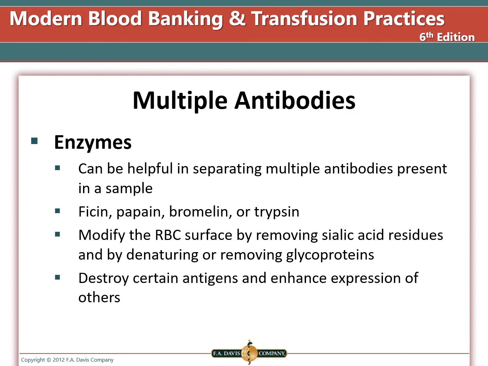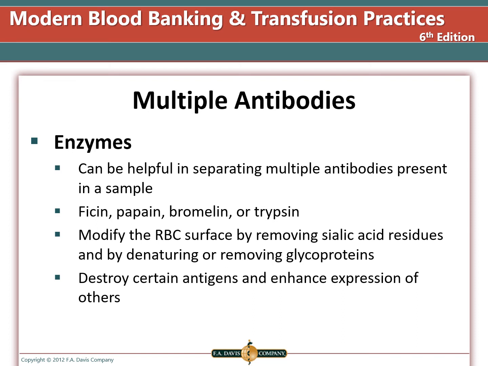When there are multiple antibodies and you don't have enough negative cells to do rule outs on them, you can use an enzyme treated panel because some antibodies will react with these while others will not. Remember, when you use an enzyme treated panel, you cannot rule out anti-Duffy A, anti-Duffy B, anti-M or anti-N, anti-big S or anti-little s.